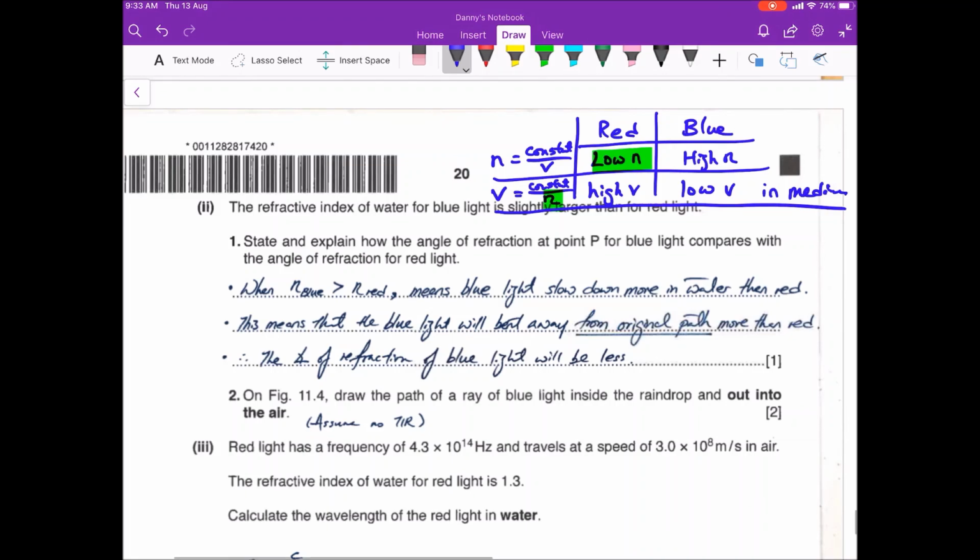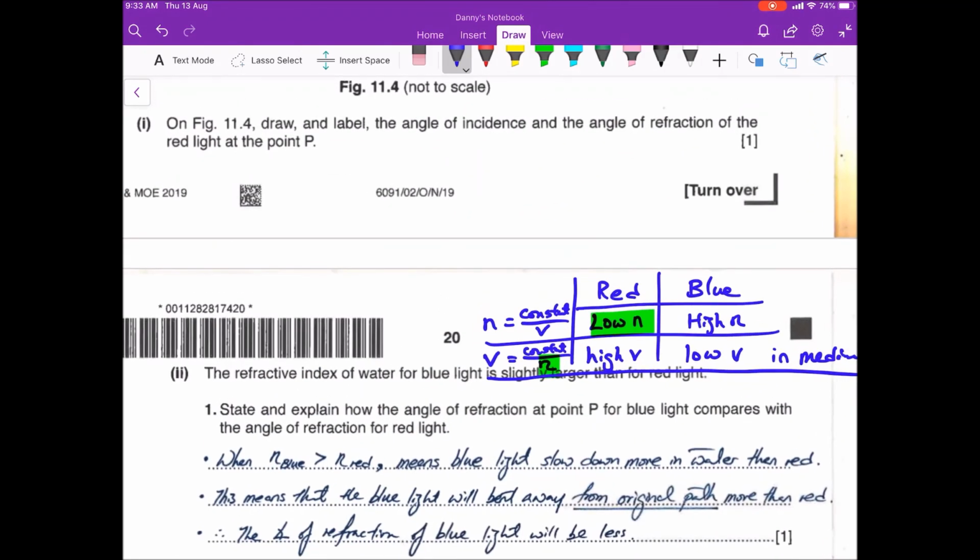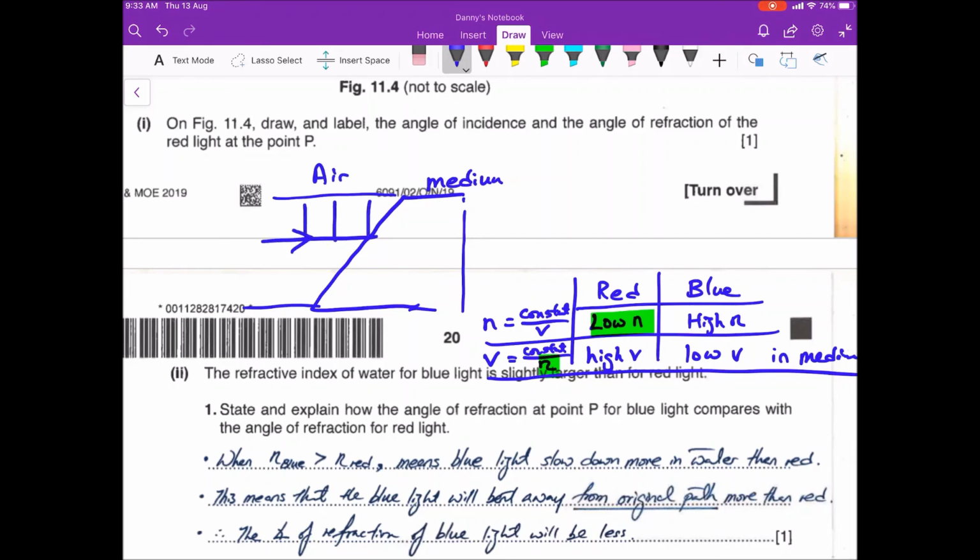If you imagine that you are marching in a column, okay? So let's say this column is the medium, and down here is your air. As your column goes in, let's say you have a wavefront like that. At this point, this wavefront here is still moving at normal speed.